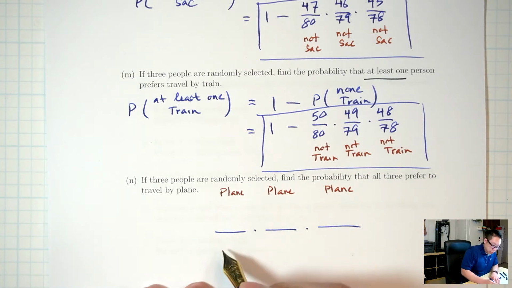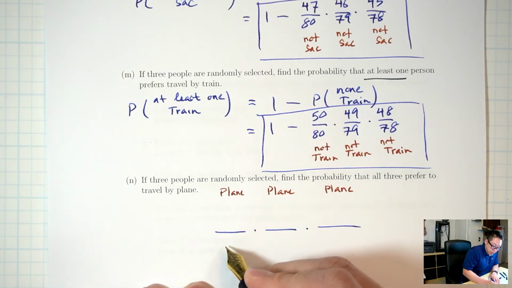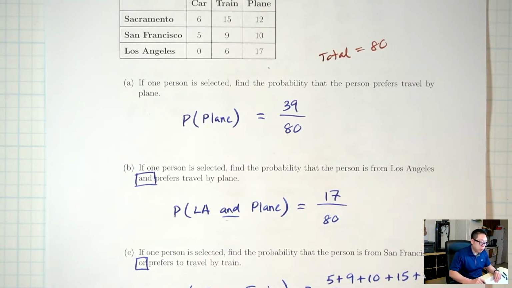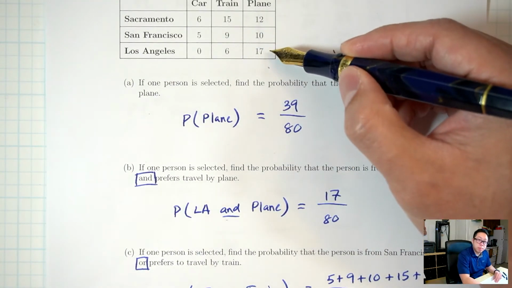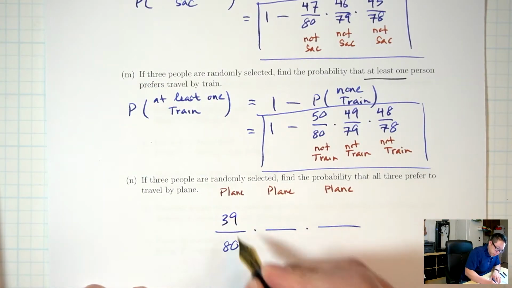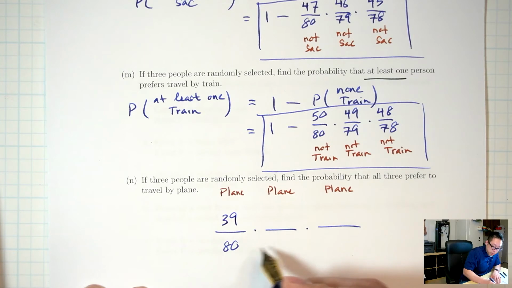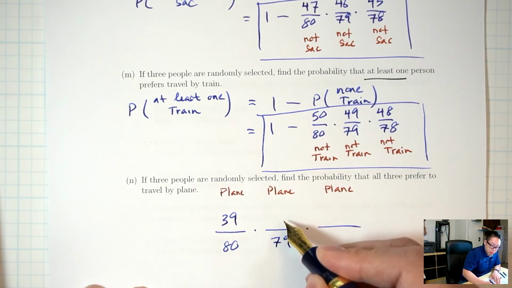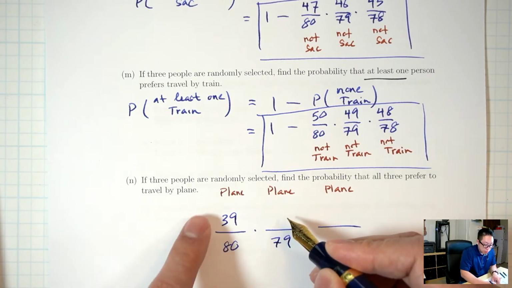So first person, plane. Bottom's going to be everybody, so that's 80. Plane, 12, 10, 17. I think that's 39. Okay, second person, for the total at the bottom, we're down by 1 to 79. Plane, so we used 1 plane already.